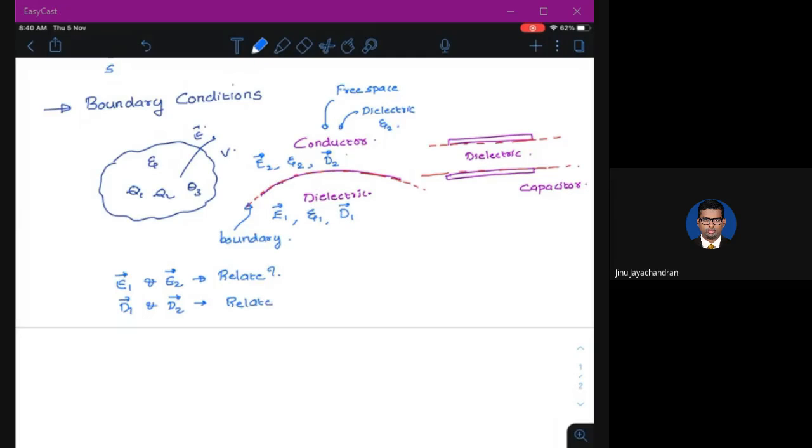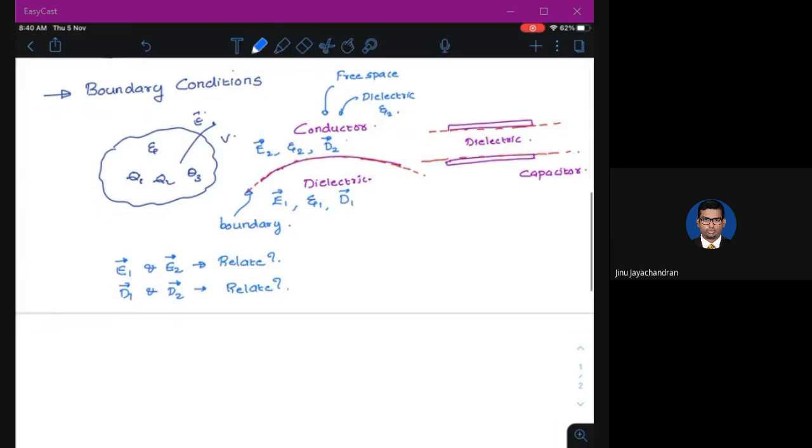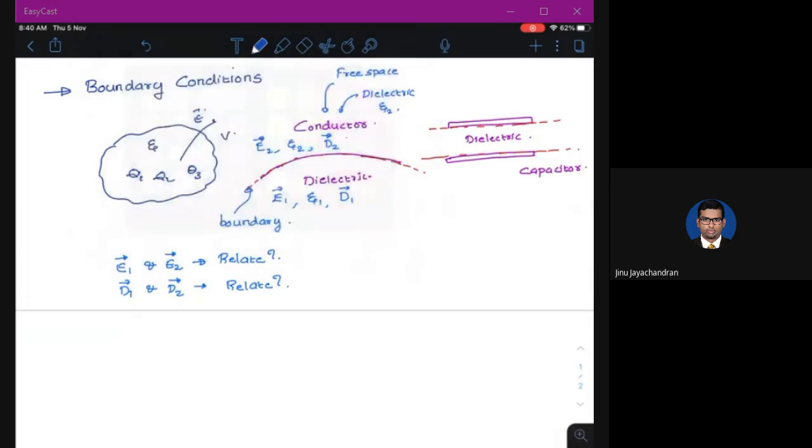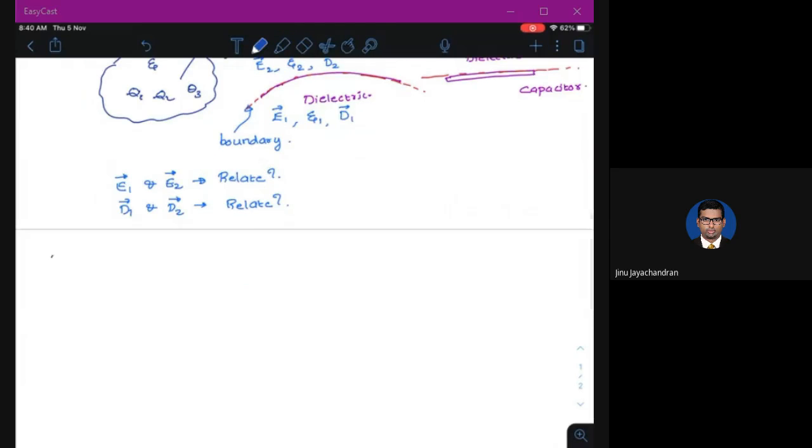And all these are derived using the boundary conditions. Okay. So as I said earlier, the boundary can be of any form. It can be a dielectric-conductor, conductor-free space, conductor-conductor, all these things are there. Okay. So first we are going to look at a dielectric boundary.